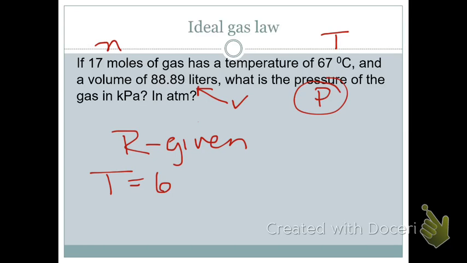My temperature is going to be 67 plus 273, which is equal to 340 K. So there is my K. And like I said, R is going to be given to me, so I should be able to plug all of these in to get my pressure.